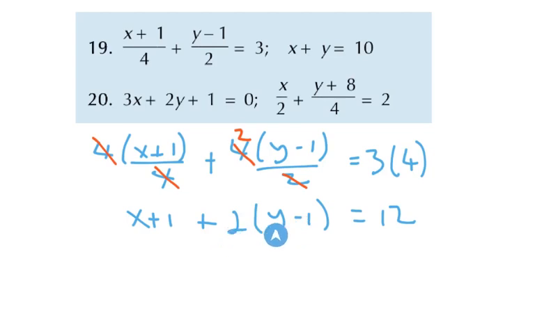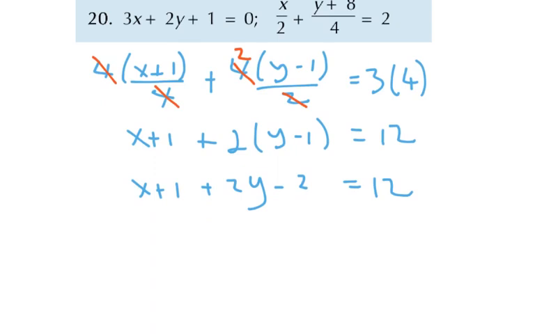Let's multiply this out now and clean this up. So it's going to be x plus 1 plus 2y minus 2 is equal to 12. I multiply the 2 by the y, gives me 2y, and the 2 by the minus 1 gives me minus 2. So let's get these two numbers over to the far side, beside the 12. Then we're left with an x and a y and a number on the far side.